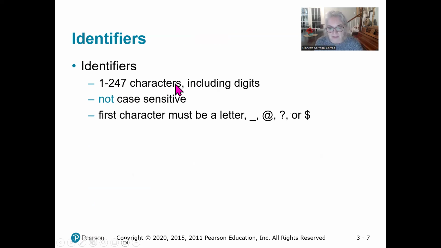Of course, we would never have an identifier that big. We'll try to keep our identifiers small. It's not case sensitive, unlike C++ and Java, which are case sensitive. And the first character can be an underscore, an @, a question mark, or a dollar sign. So you have a lot of choices of how to begin your variables and procedure names and constants and things like that. But we're going to just stick with beginning with a letter, okay?